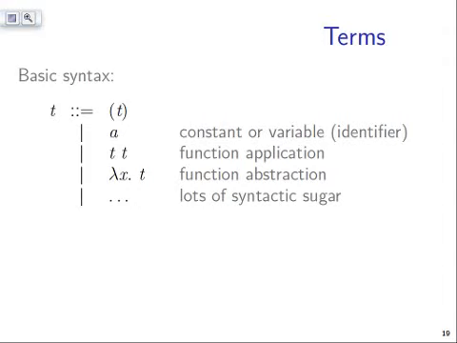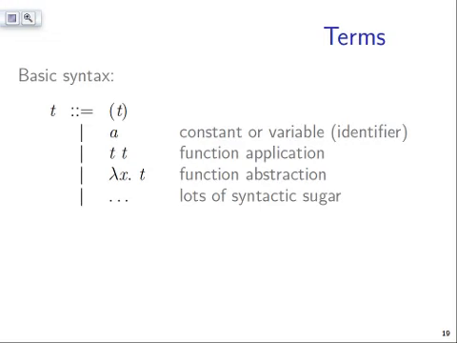And then we have lots of syntactic sugar. So in the core of the language, it's really these three things. The parentheses are just syntactic sugar, but then we have the basic items, constants and variables, we have application, and we have what's called function abstraction. And that's what any functional programming language is made of, and everything else is just an additional layer of syntactic sugar on top of it.